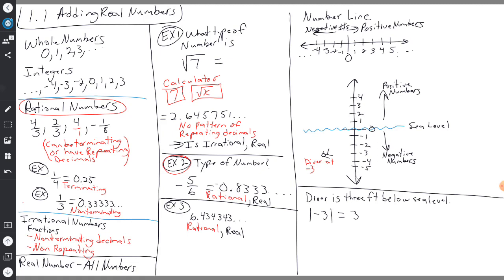So again, going back to the definitions of what type of number this is, either rational or irrational, we have to make sure that you understand that. Irrational numbers cannot have repeating decimals, so it cannot be irrational, so therefore it's rational and real.